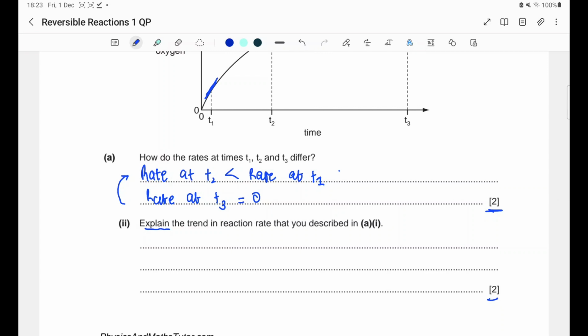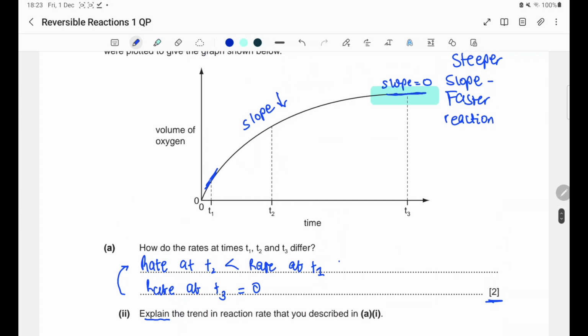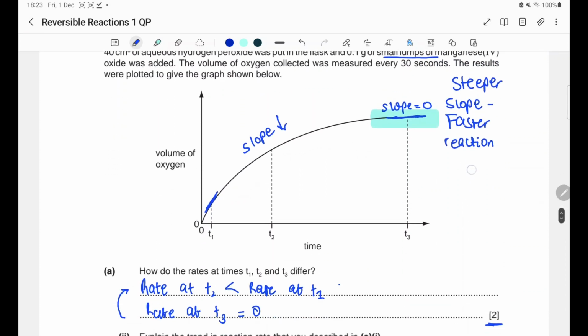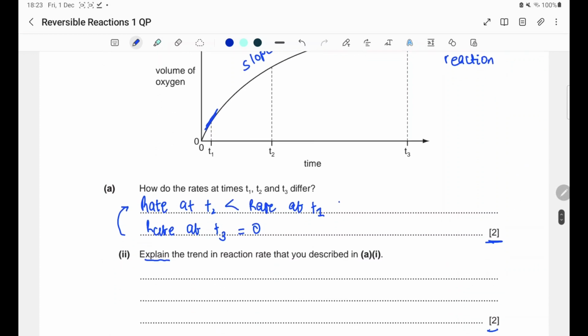Now, why is the rate at T2 less than the rate at T1? So what's happening here technically is they're showing you the progression of a reaction. Obviously, your reactant is used up. As you use the reactant, the concentration decreases. And when the concentration decreases, your rate of reaction decreases.